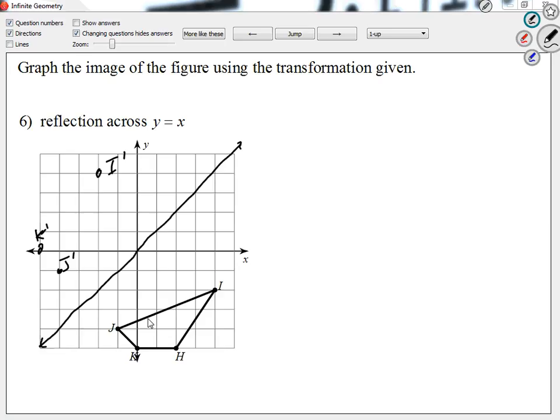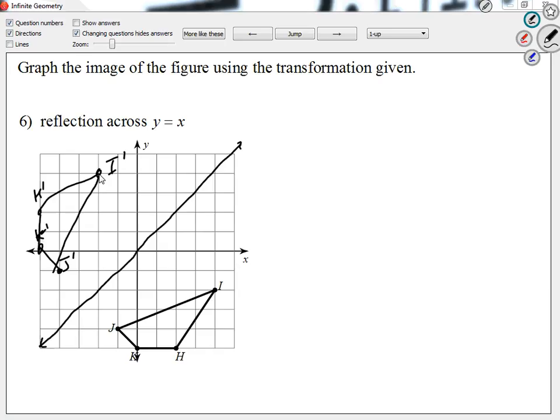And then H is right there. K is right here at the very bottom of the y-axis. It's kind of hard to see it because of the arrow, but that's where K is.